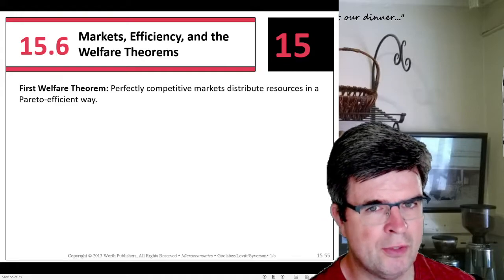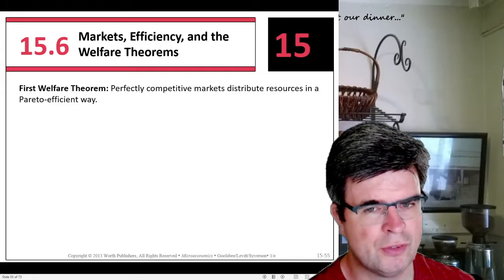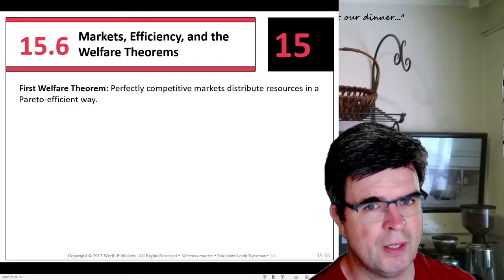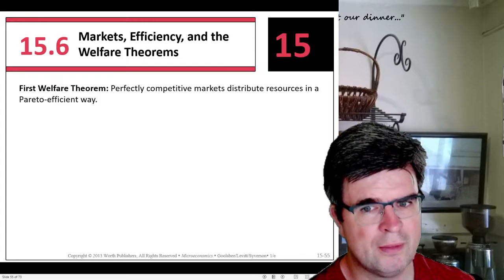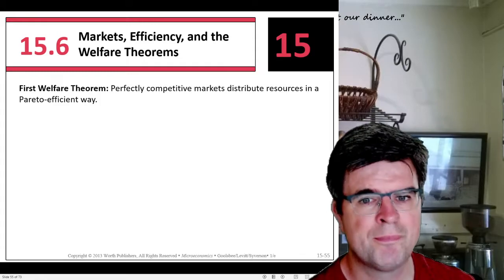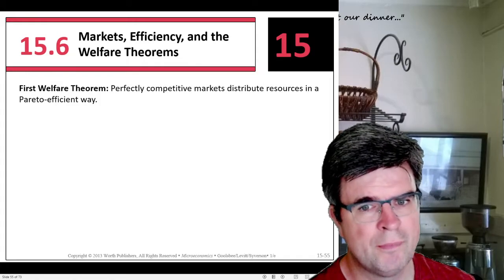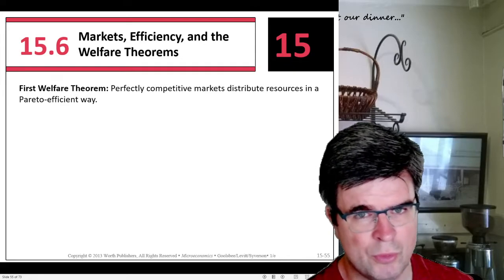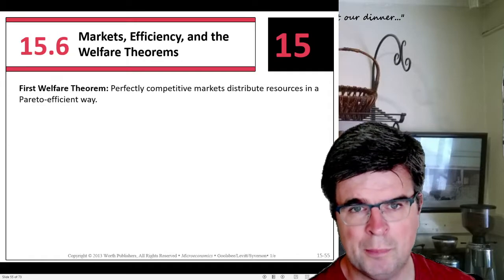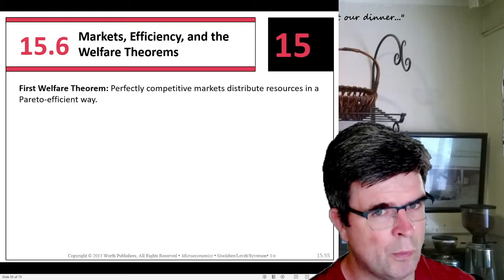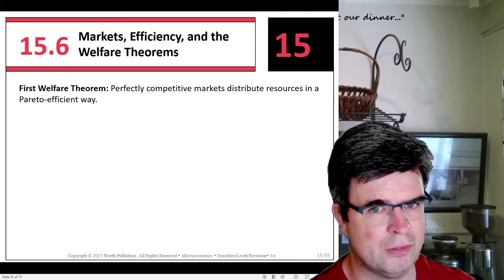Of course, we already know the limitations of a Pareto efficient outcome, but at least this theorem informs you that if markets are perfectly competitive, and what that means, we will get to that, then resources will be distributed in a Pareto efficient way. We don't have to do anything. The outcome that will be reached, if we leave it to these perfectly competitive markets, will be Pareto efficient. That's the guarantee.